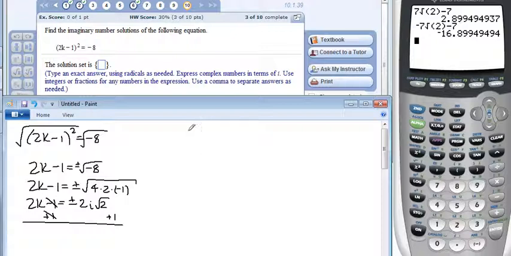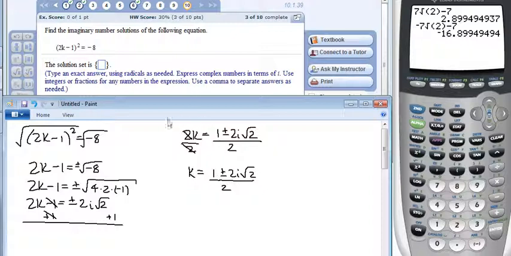So now I have 2k equals 1 plus or minus 2i roots of 2. Doesn't matter if I put 1 plus or this plus 1. And then I'm going to divide through by 2. All right. So I have k is equal to 1 plus or minus 2i roots of 2 over 2.